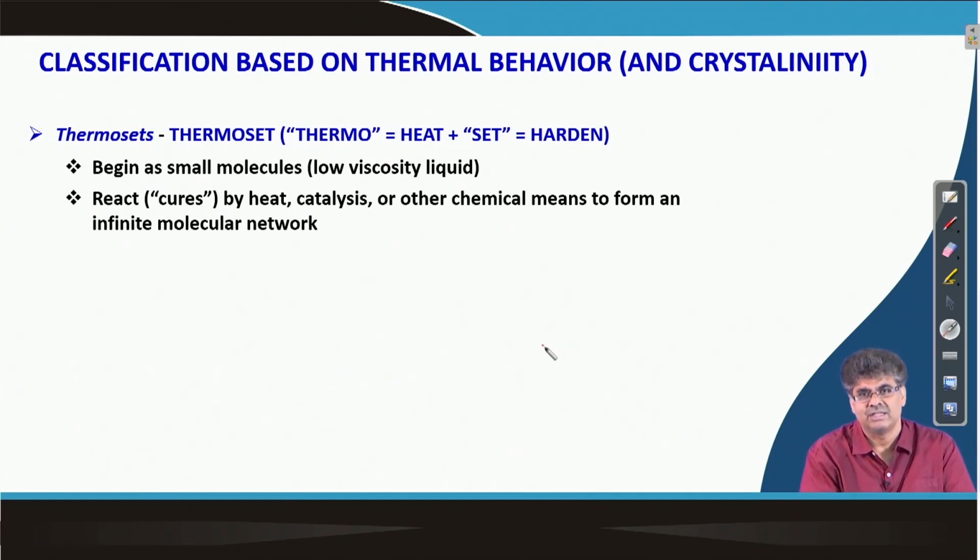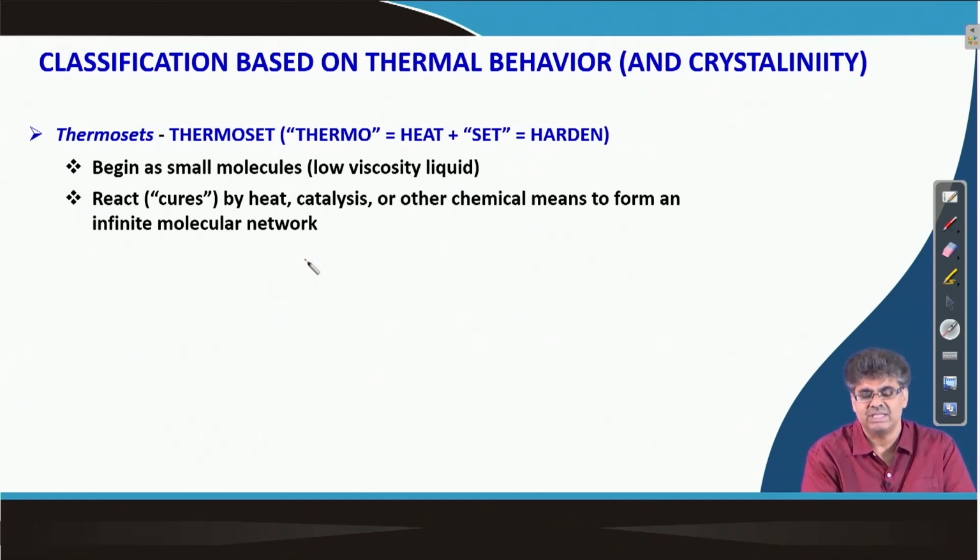Before heating, at room temperature, they are small molecules or oligomeric molecules which have low viscosity, and then on heating they react with each other, forming interlinked covalent linkages between the polymer molecules, which gives you cross linking between the polymer chains, with or without catalyst, and it forms an infinite molecular network.